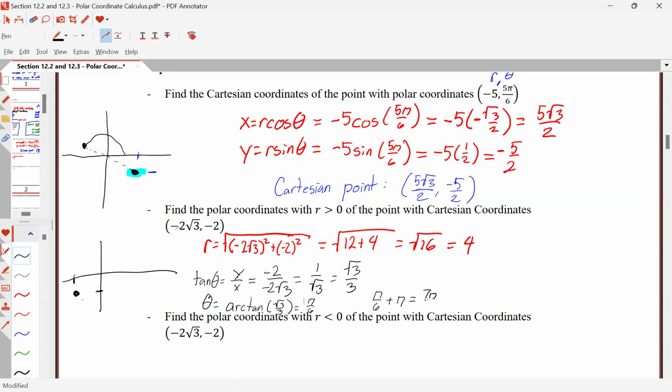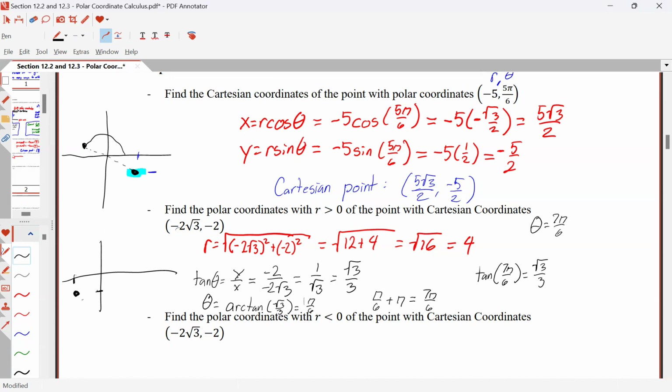We'll get the angle of 7 pi over 6, and tangent of 7 pi over 6 is root 3 over 3. So we have that our angle theta is 7 pi over 6.